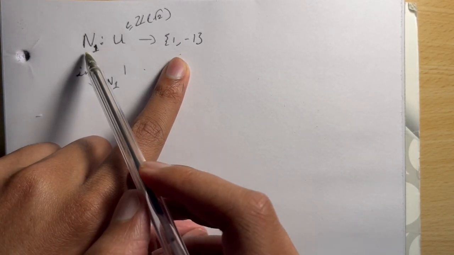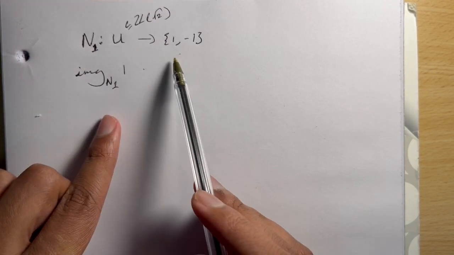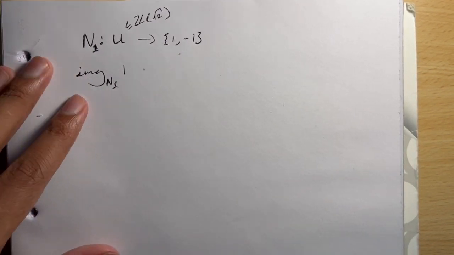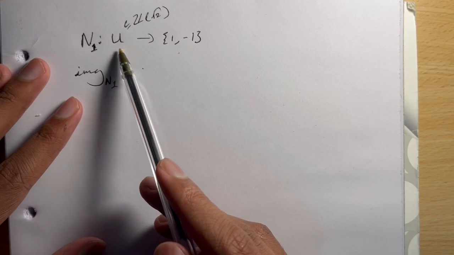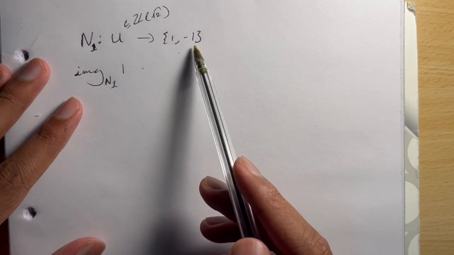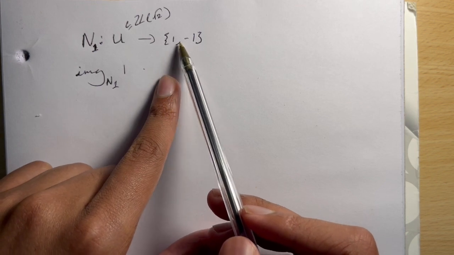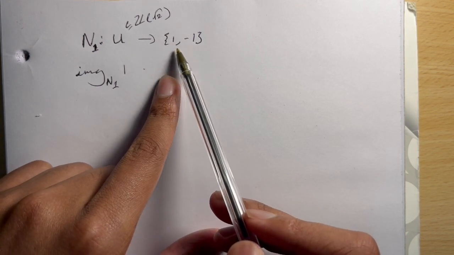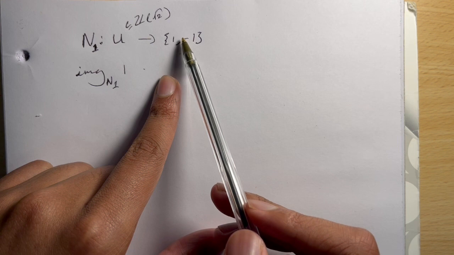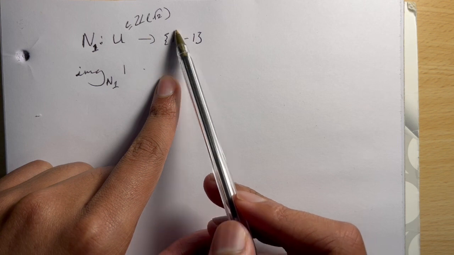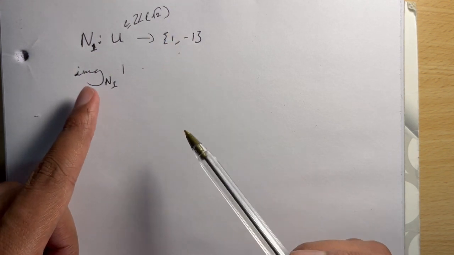In the previous video we showed that any unit would map to 1 or minus 1. Is it true that any element that has norm 1 is a unit?